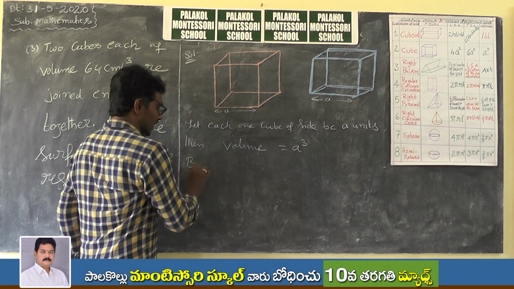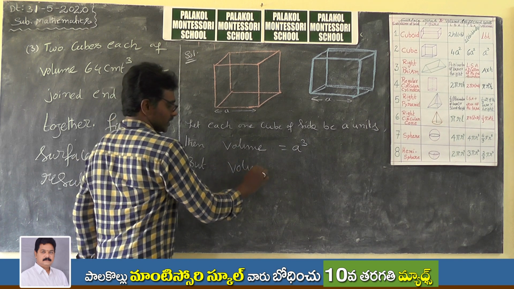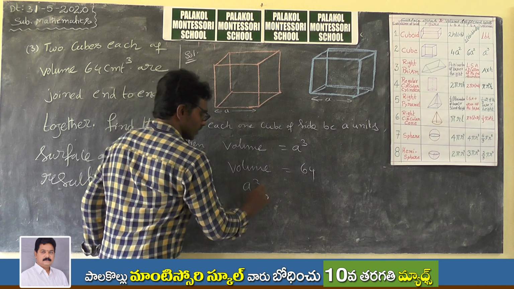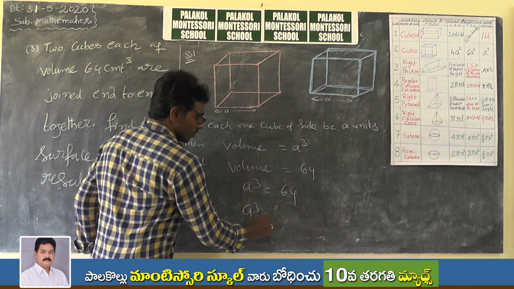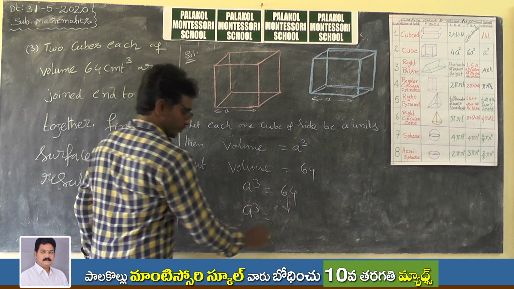But given each one's volume, how much is given? 64. So A cube is equal to 64. You write 4 into 4 into 4.